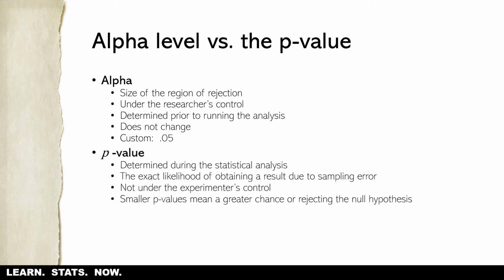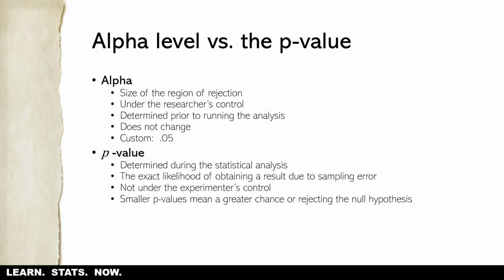The p-value, on the other hand, is the probability value. Now, this is determined during the statistical analysis. In other words, we can't know the p-value until we've collected data and run our analysis. And the p-value refers to the exact likelihood of obtaining a result due to sampling error. Now, for experimental purposes in demonstrating a relationship between two variables, we would like to see the p-value be pretty small.